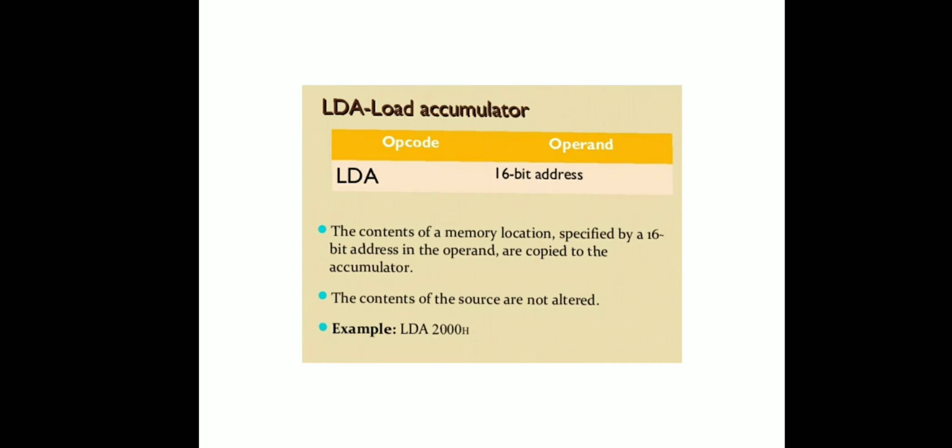LDA, load accumulator directly. Here the operand is a 16-bit address. The content of the memory location specified by the 16-bit address in the operand is copied to the accumulator. After the execution of this instruction, the data of the source is not altered.